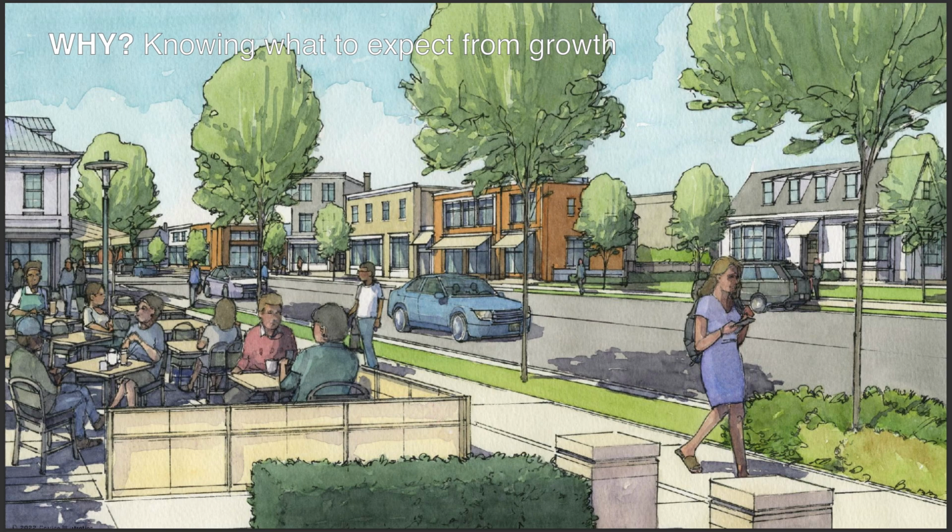So the why at the heart of form-based codes is really predictability, right? Aligning expectations with outcomes. Now, the comprehensive growth policy and zoning, to most people that's pretty confusing, right? And most zoning codes are very, very inaccessible, full of wordy requirements that have no clear connection to built outcomes.